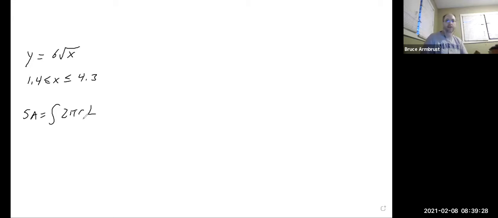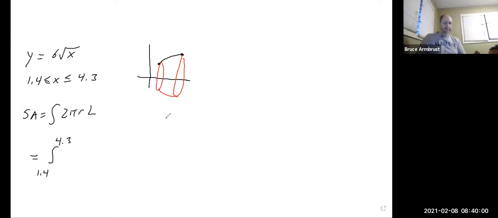All right, so let's start setting this thing up. In terms of the bounds, we're going to go from 1.4 to 4.3 because we're rotating this thing about the x-axis, right? So let's just say that that was our curve. We're rotating it about the x-axis, so we're going to see this guy, right?